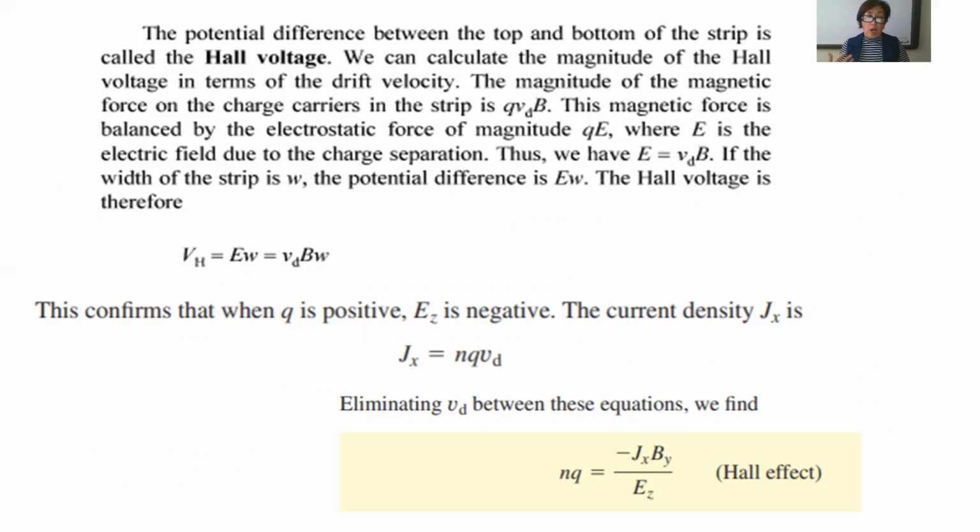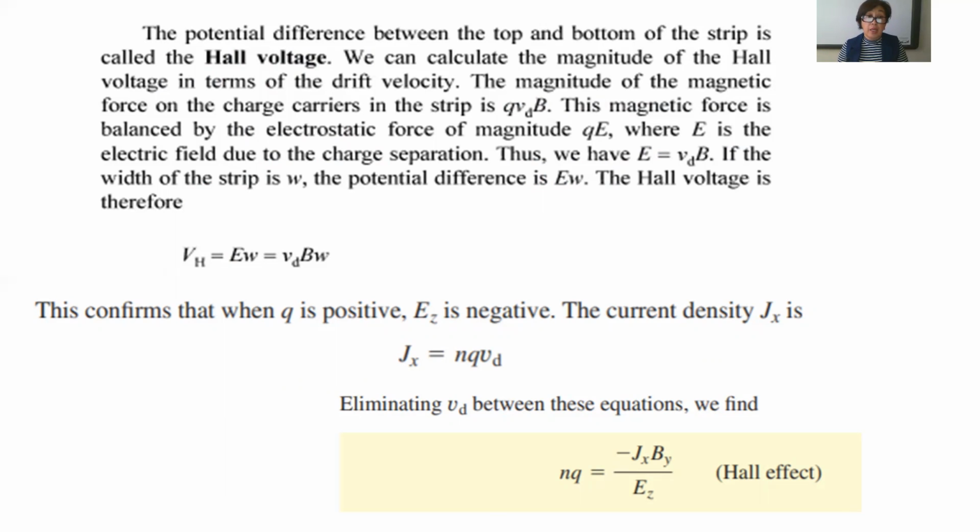The electrostatic force has magnitude electrical charge multiplied by electrical field, where E is the electrical field due to charge separation. The electrical field equals the velocity multiplied by the magnetic field.